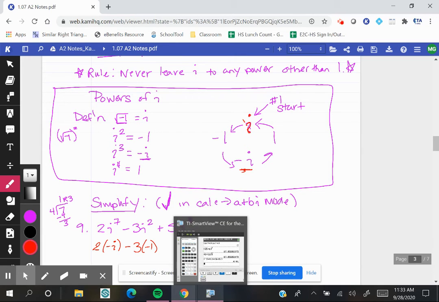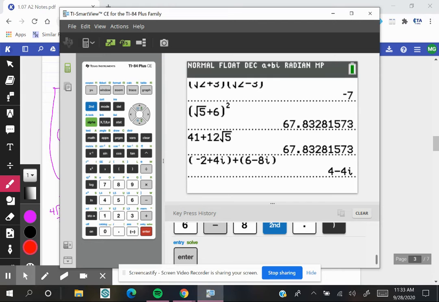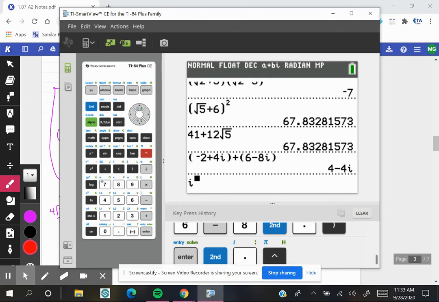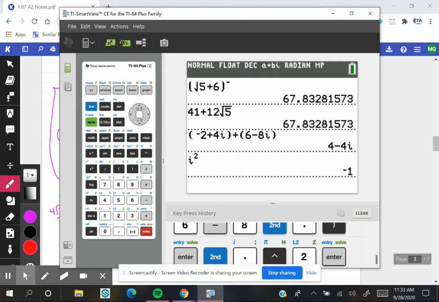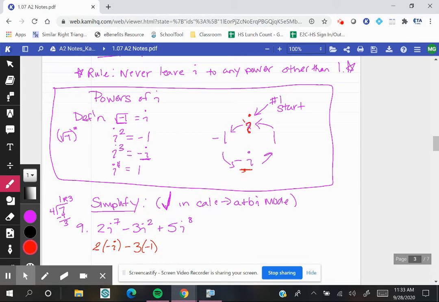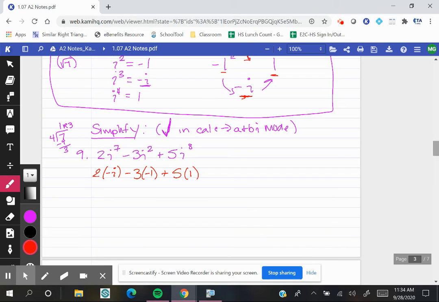If not, from your circle, and you can also just type in i to the second power, i squared, will give you -1. Plus 5 i to the 8th. So 1, 2, 3, 4, 5, 6, 7, 8. So that is a 1. And again, there's no remainder if you divide 8 by 4. So i to the 0 power is just 1.